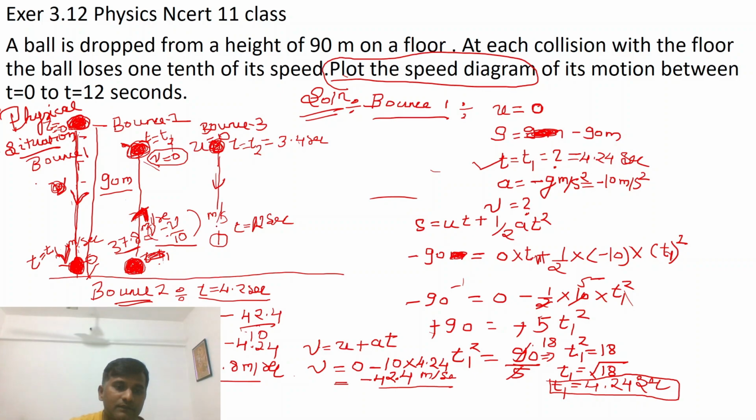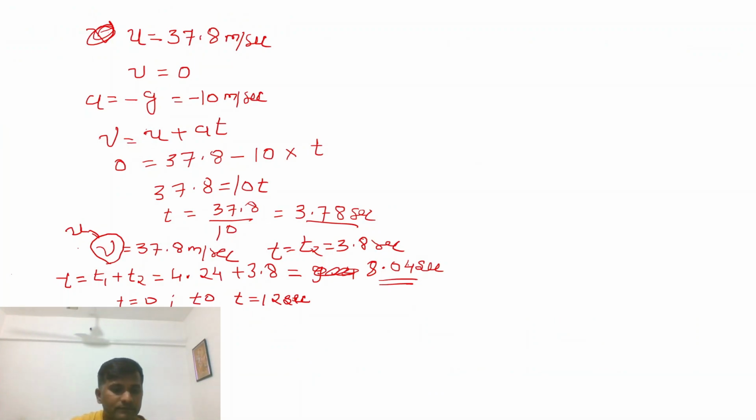Now we have to find out this distance covered, and the final velocity here. So how will we find out? Okay, so we will take bounce 3. This is about bounce 3.